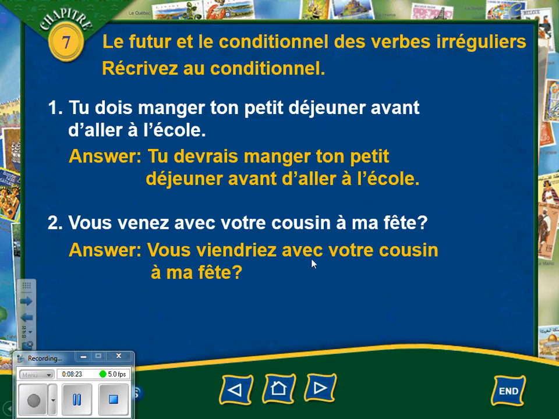Vous viendriez avec votre cousin à ma fête. You would come with your cousin to my party? Maybe there's something else in the conversation here, like, if you were happy, would you come with your cousin to my party? We're going to look at clauses like that and sentences like that later when I get back.